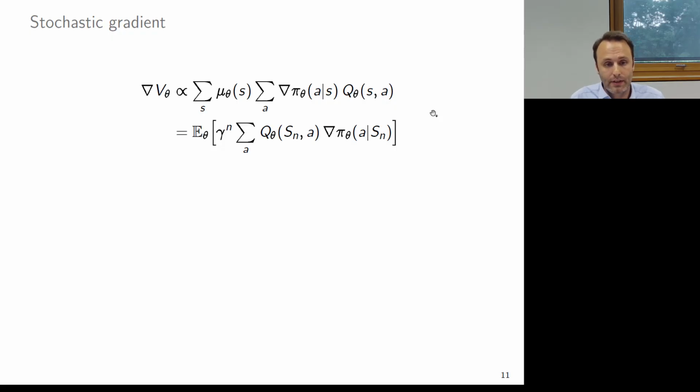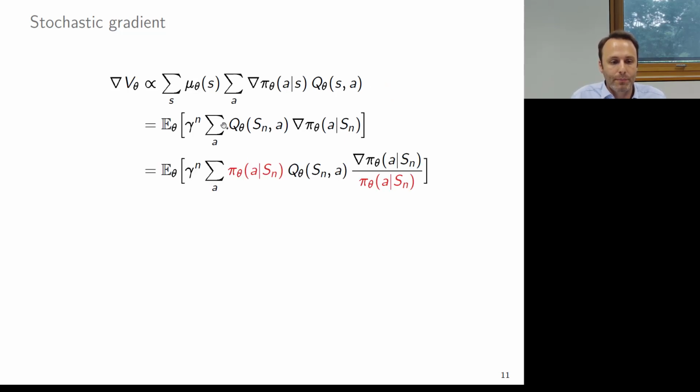And in that expectation, we still have all possible actions that we can take, and that's again also very interesting. We could actually solve this problem already now, but we want to see how we can use the actions that we have actually taken. To do that, we need to expand this expression by multiplying and dividing by the policy pi.